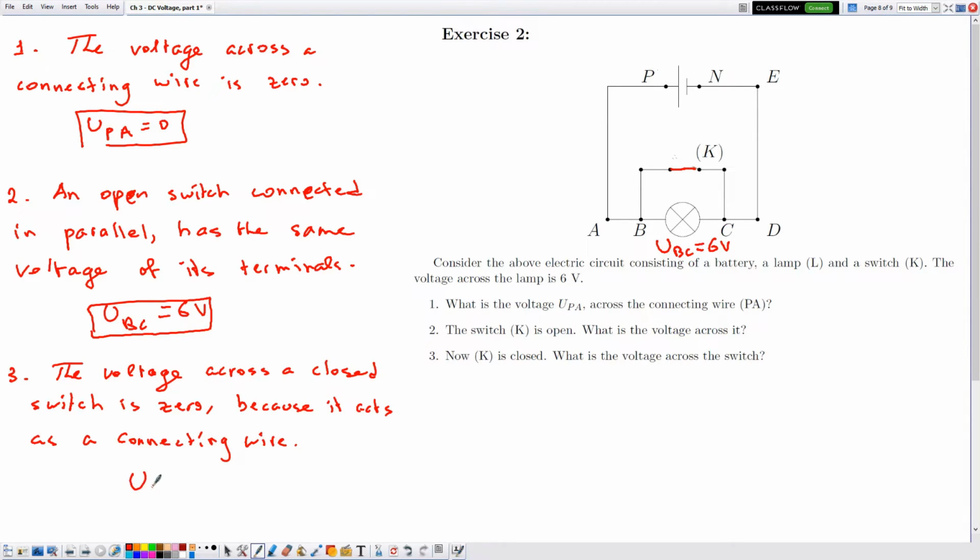In this case, the value of UVC is equal to 0 volts. Then this is it for exercise number 2. Now let's move to the next section.